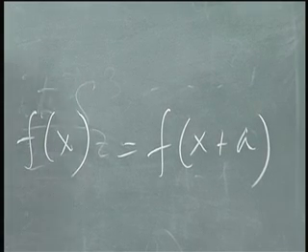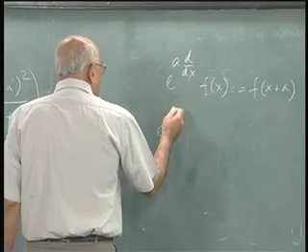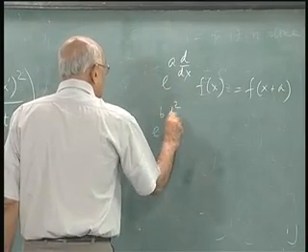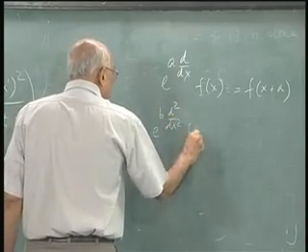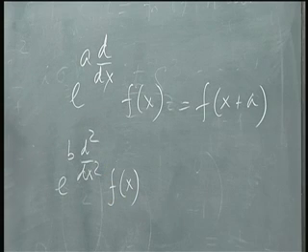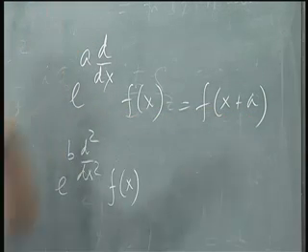In exactly the same way, it turns out e to the power some b d2 over dx2 on f of x cannot be written as something which depends on x alone. It is not a local operator. Just as this depends on x plus a, it is at a finite distance away.